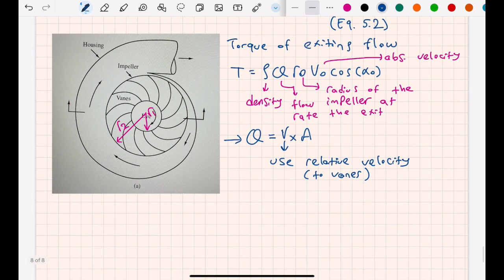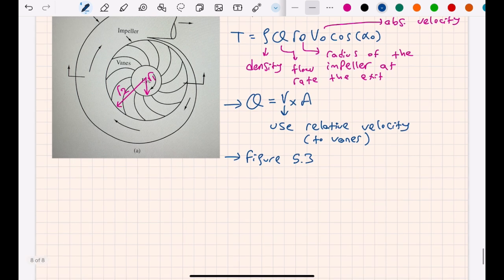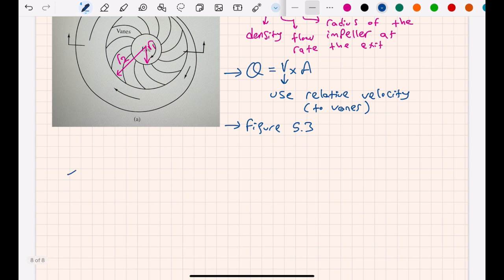And to find that, you can check figure 5.3 from your textbook. So from that figure, let's say this is our absolute velocity, and we will have the relative velocity here.